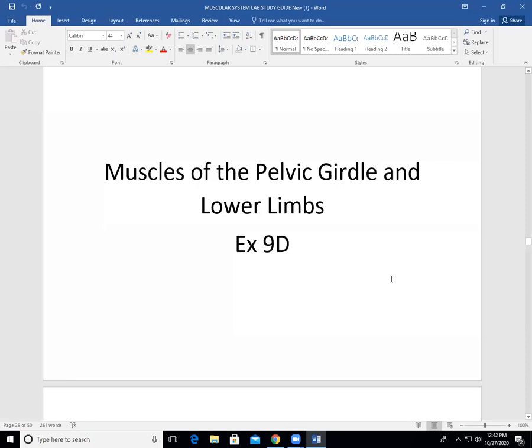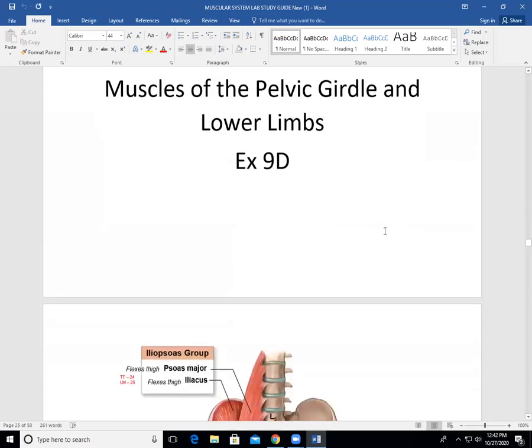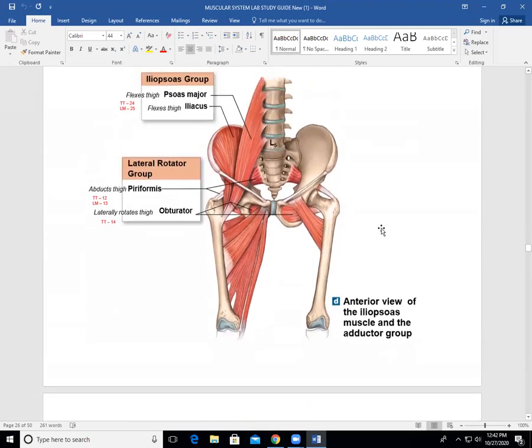All right, so now let's cover muscles of the pelvic girdle and the lower limbs. We're going to start out in the pelvic girdle. This is the psoas major, the P is silent, and the iliacus, on the inside of the os coxae bone.